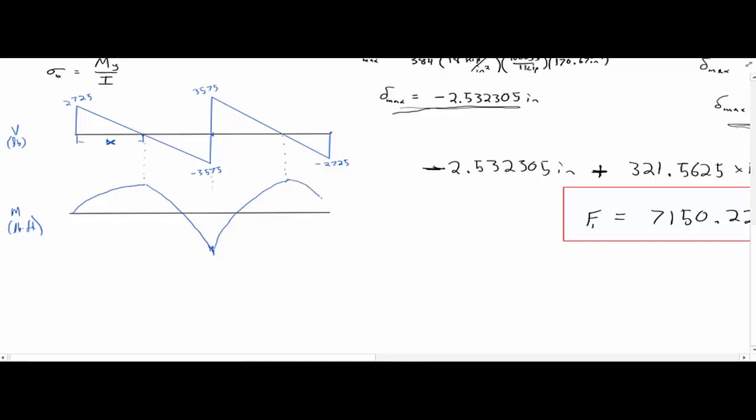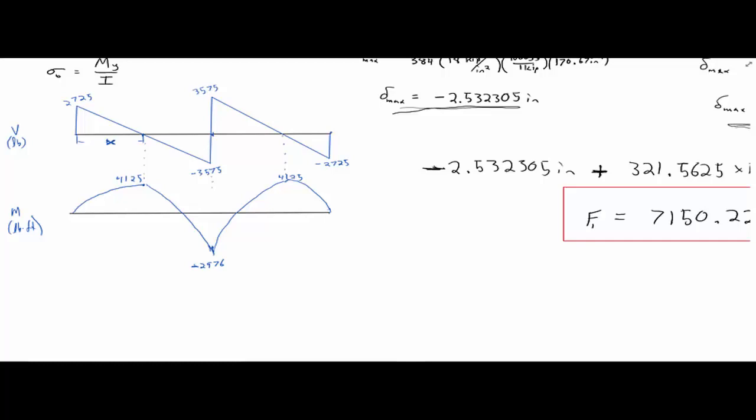And again, it's symmetric, which my drawing doesn't quite look symmetric, but just use your imagination. So here's a negative moment, which will be negative 2,976, and the positive moment here will be 4,125, which is the same as here, 4,125.